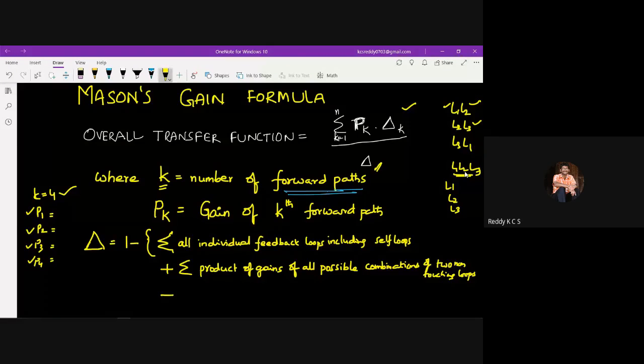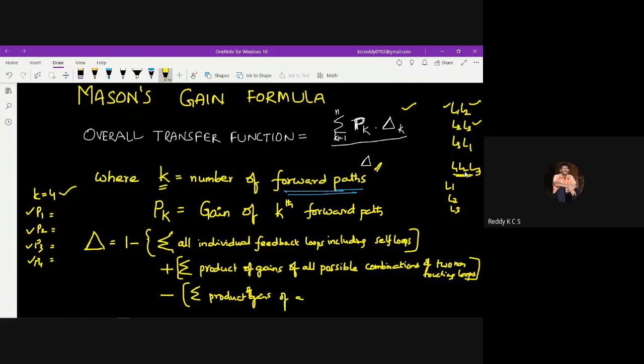So minus the summation of the product of gains of all possible combinations of three non-touching loops.